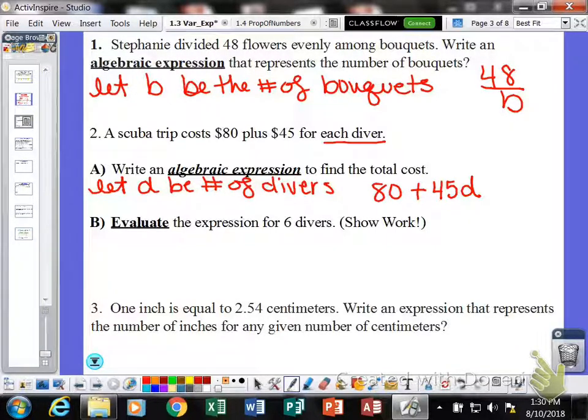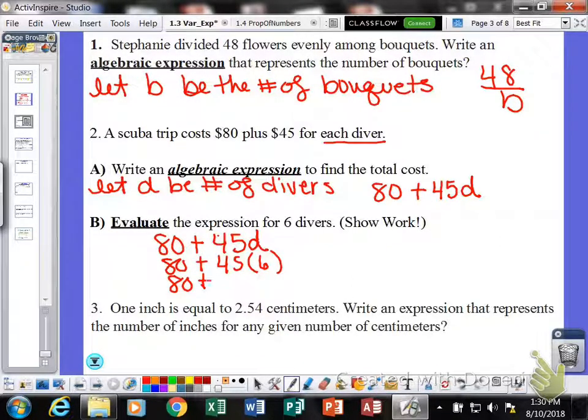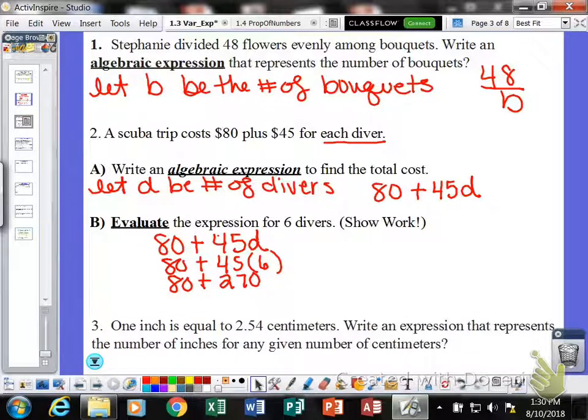Now let's evaluate, find the numerical value. Always write down your original expression. So there it is, 80 plus 45D. Now substitute 6 in for D. Then we get 80 plus, now we have to multiply the 45 times 6, which is 270, for a final answer of 350, and then we have to write dollars, $350.